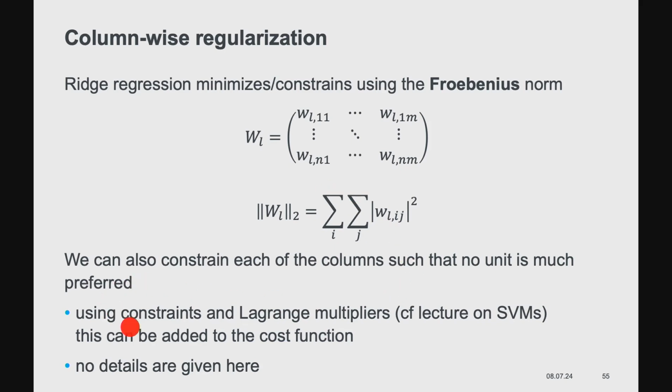And we can do this with constraint-based learning and use Lagrange multipliers, a bit similar as we did for SVM. The message from this slide is simply, you can think of a whole range of ways of how to regularize your weights, and actually even regularize how much signal you have at the different neurons.